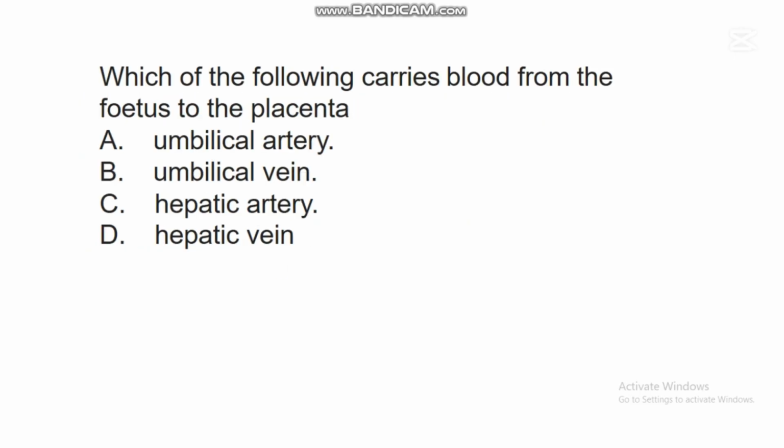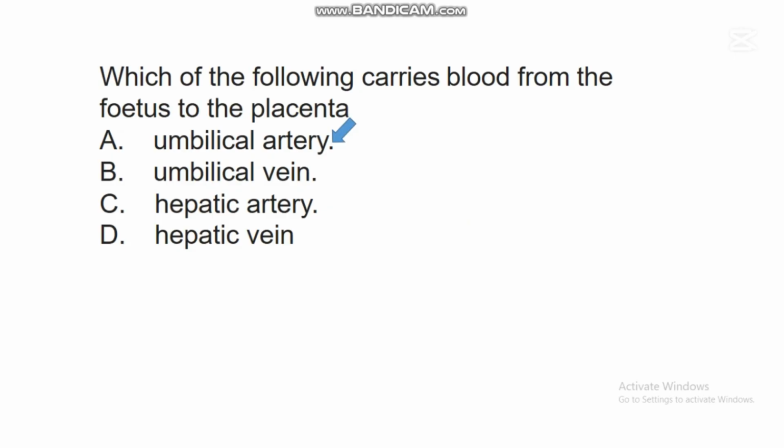The next question says, which of the following carries blood from the fetus to the placenta? A. Umbilical artery. B. Umbilical vein. C. Hepatic artery. D. Hepatic vein. In this question, the correct answer is A. Umbilical artery.